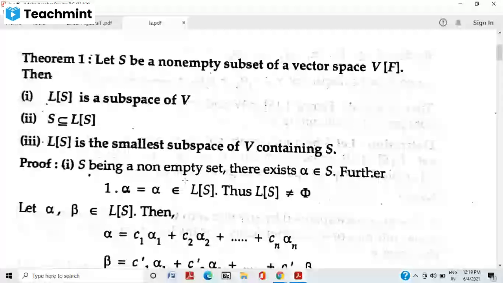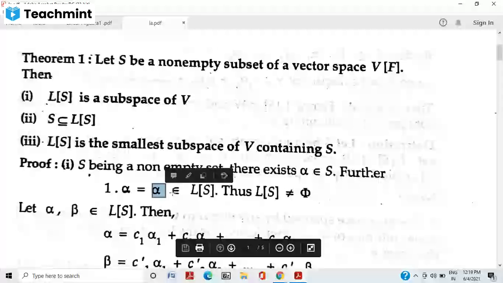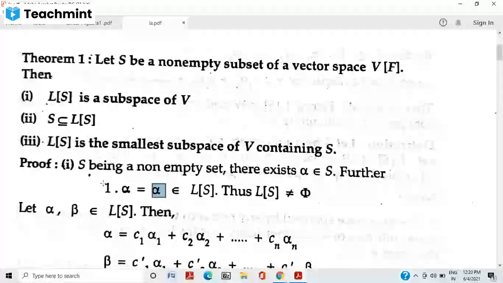Then first we take let alpha belong to S. Alpha belongs to S means alpha can be written as 1 into alpha.